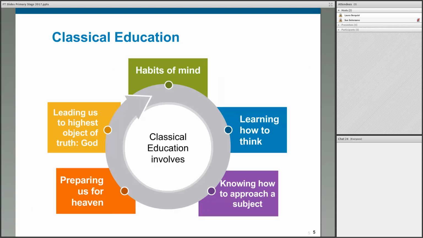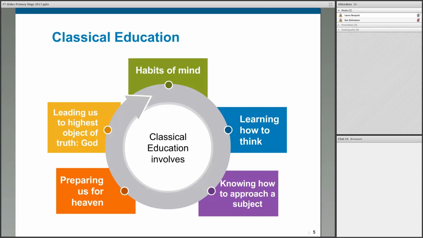Now, this involves various things. It involves habits of mind. Now, a habit of mind has to do with how you approach a subject. It has to do with, and I'll give you some examples, but it also has to do with an orientation of your mind.